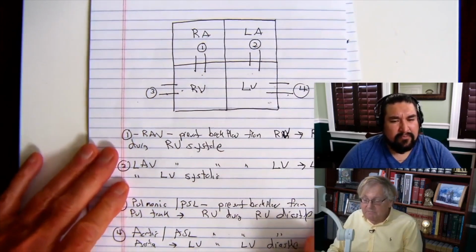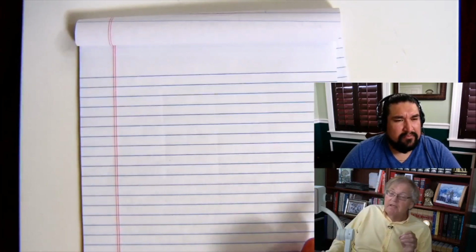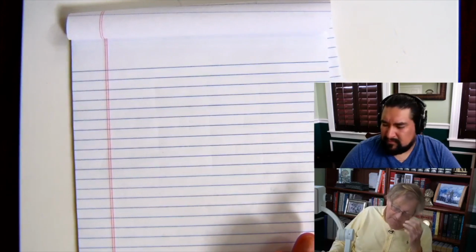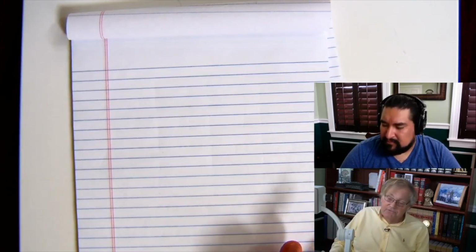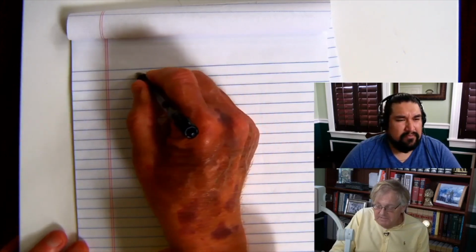Now, the last thing we want to know about the heart anatomy is looking at those chambers, because I've said a couple of terms here. I've said bicuspid, I've said tricuspid. So if we look at a valve, let's simplify this here.